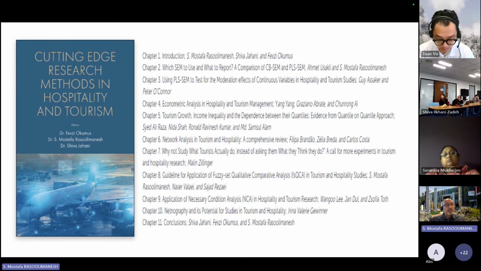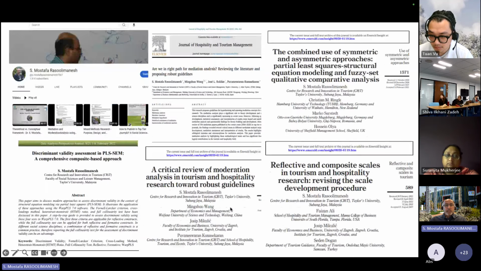All chapters in these three books come with clear guidelines, and most of them with examples that you can follow for any of these methods that you want to apply.